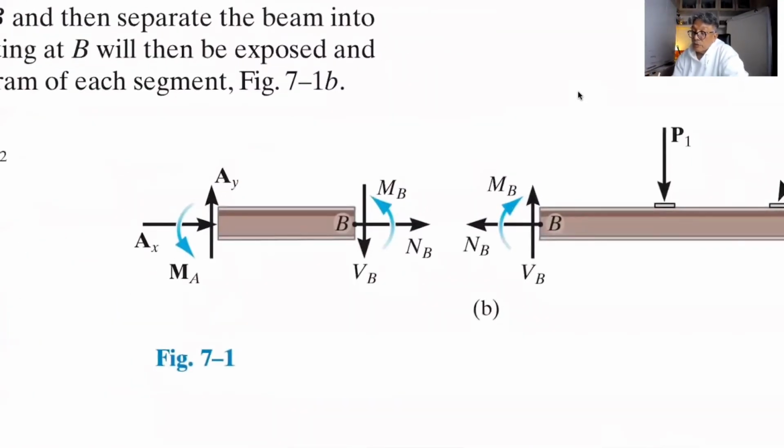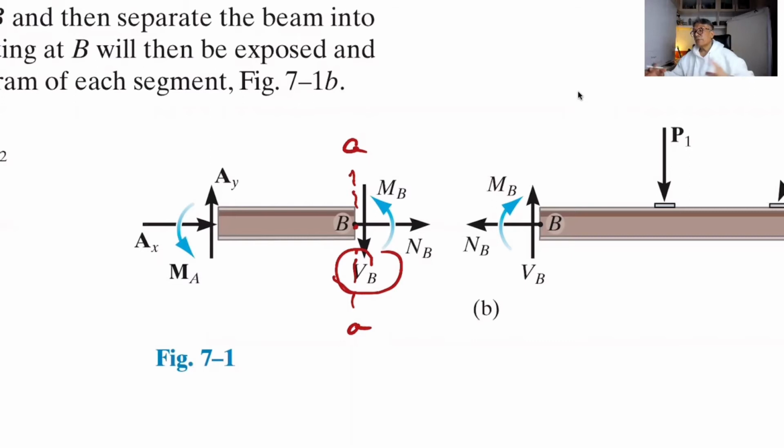So if we cut, so at B, we have normal force NB and shear force VB right here. And of course, the bending moment MB.